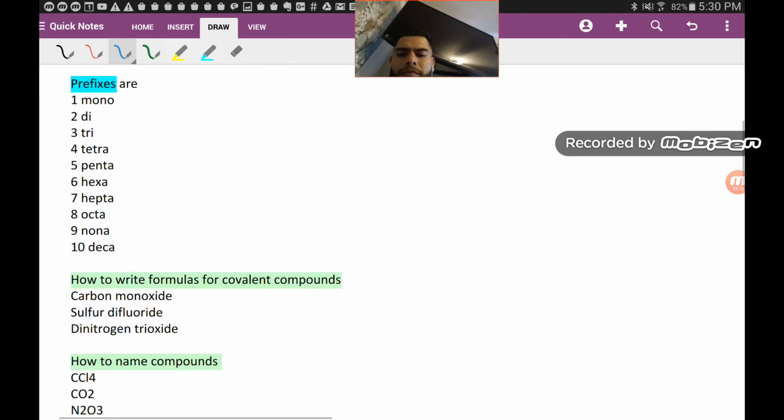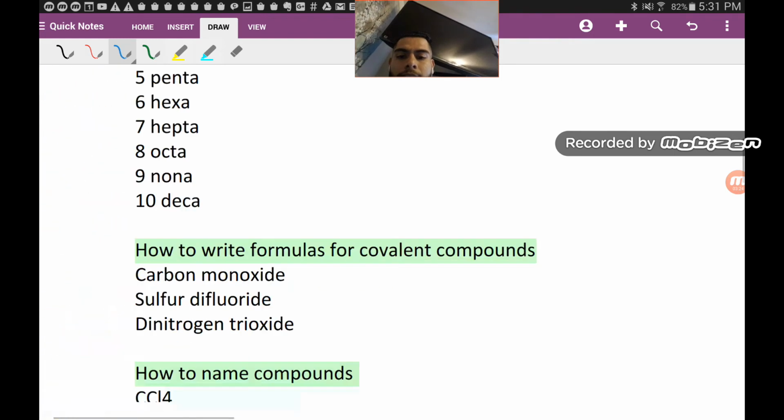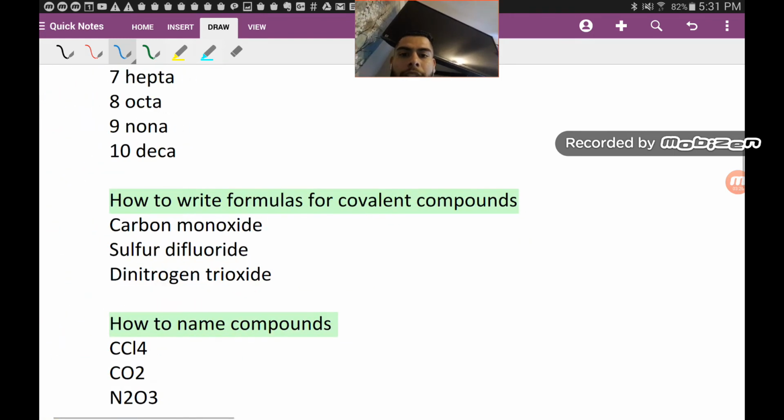So how do you write the formula for a covalent compound? If we look at these examples that I have here, we will go from the name carbon monoxide to formulas. The name is carbon monoxide, so we have carbon and we have monoxide. Remember, mono is a prefix, and the oxide part is telling us that we have oxygen.